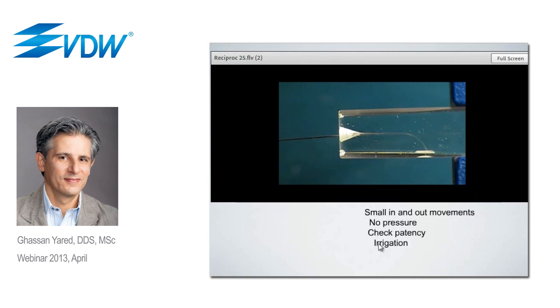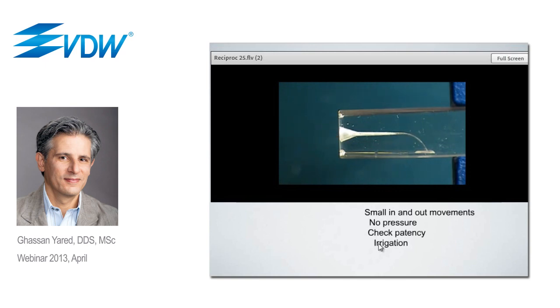So the instrument is used in very small in and out movements. The amplitude of the movement should be about 3 to 5 millimeters, and we do a series of in and out movements that I call packs.